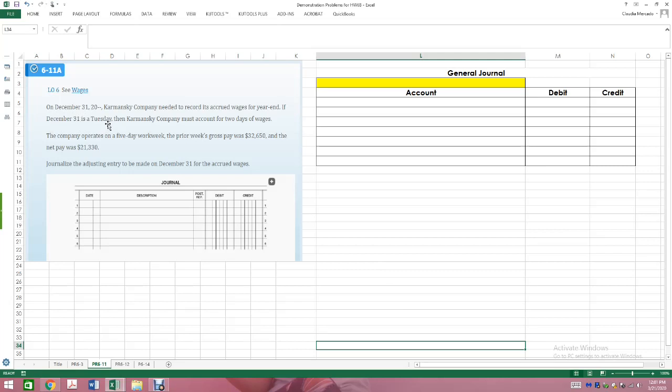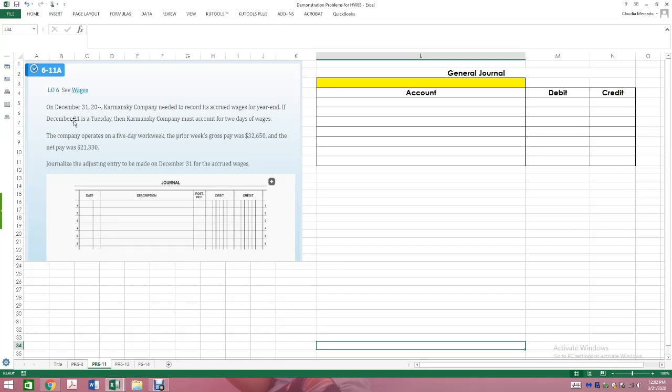Okay? So we had employees that worked Monday and worked Tuesday, but they're not going to get paid till the following week, maybe on Friday or whenever the case might be. Okay? So we're not going to cut checks till the following year, but we need to account for those 2 days of wages for Monday and Tuesday in the correct year.